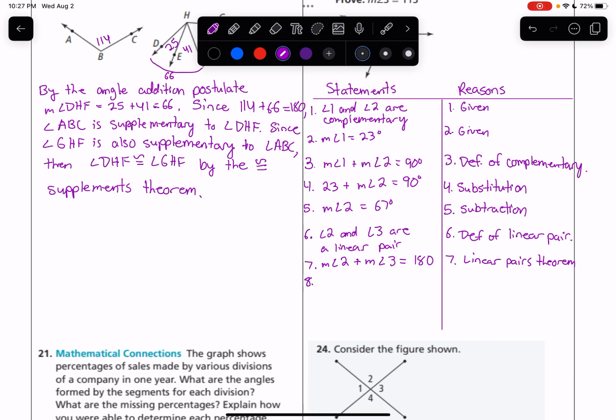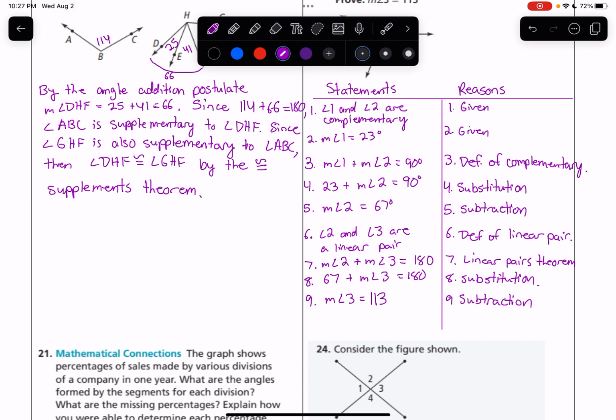So I can substitute that in there and say 67 plus the measure of angle 3 equals 180. That would be substitution. And you can probably see where this is going, because finally I can subtract 67 from both sides and say that the measure of angle 3 is equal to 113, and that is by subtraction.